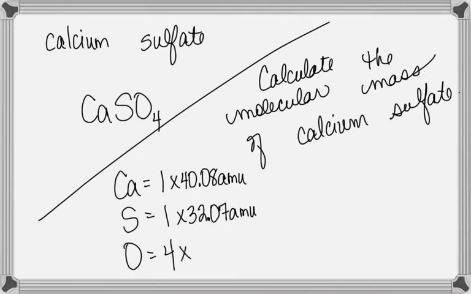What's oxygen? Yeah, it's 15.9994. So if I want 2 decimal places, do y'all see you're going to do 16.00 AMU? Then we get our handy dandy calculator and we multiply them together and add them all up. So tell me what you get for the molecular mass of calcium sulfate.